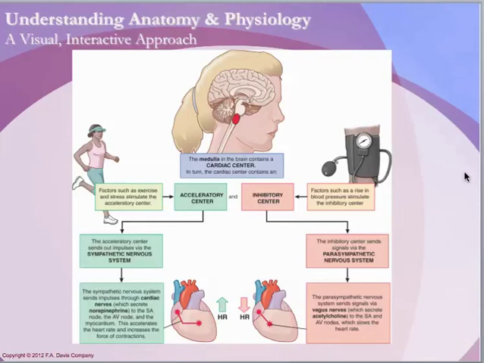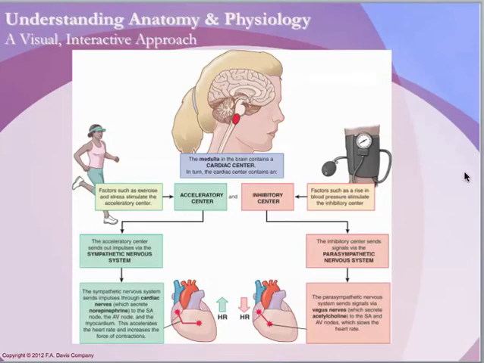The sympathetic nervous system sends impulses through cardiac nerves, which secrete norepinephrine to the SA node, the AV node, and the myocardium. This accelerates the heart rate and increases the force of contractions. That was one of the things that the sympathetic nervous system does, increase heart rate. Hopefully you remember that, and this won't be hard for us to remember now.